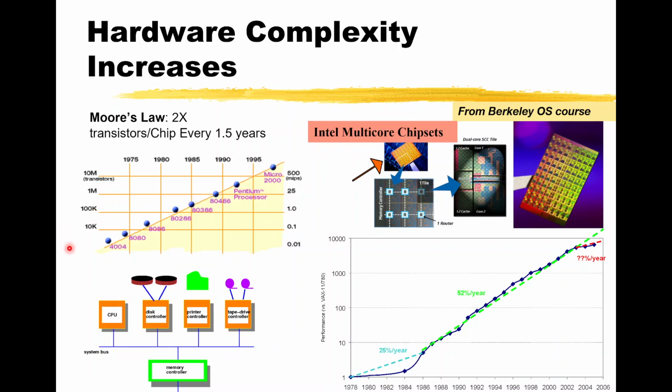And it's been seen here that since 1975, we had the 8080, which had about 10,000 transistors. It kept rising until around 1995, when we had about 10 million transistors in the Micro 2000 computer.